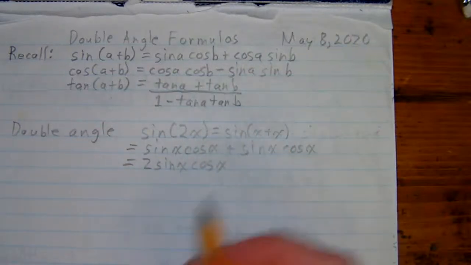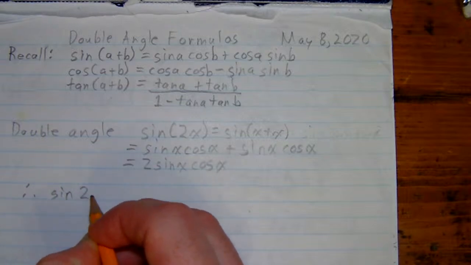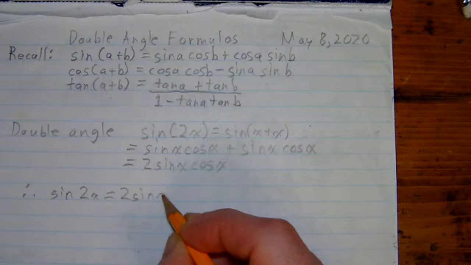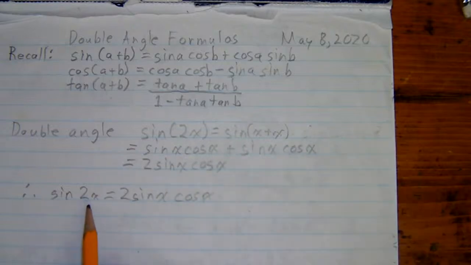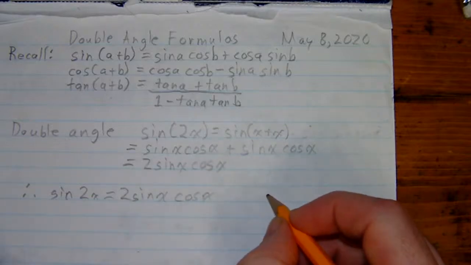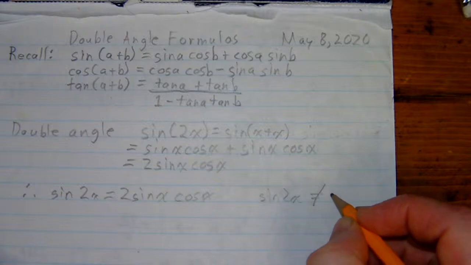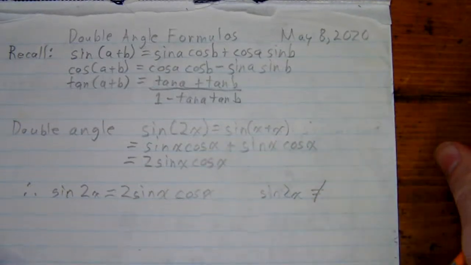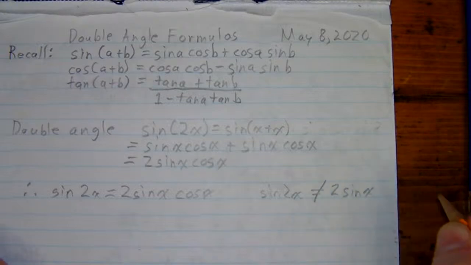So the double angle formula for sine 2x is just 2 sin x cos x. We need to be careful because some people think it should just be 2 sin x. That is not true. Sine 2x is not equal to 2 sin x.